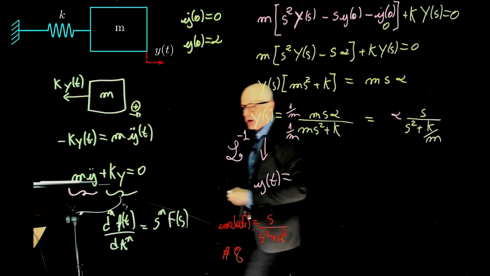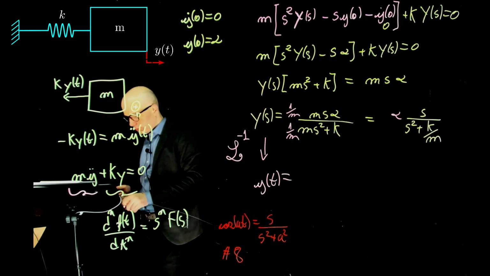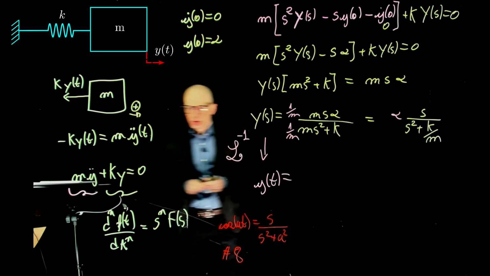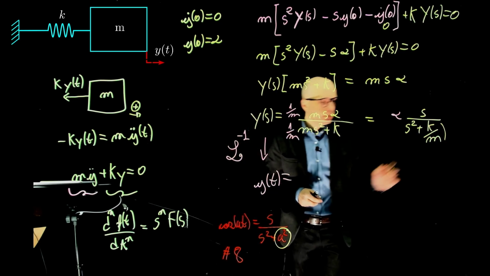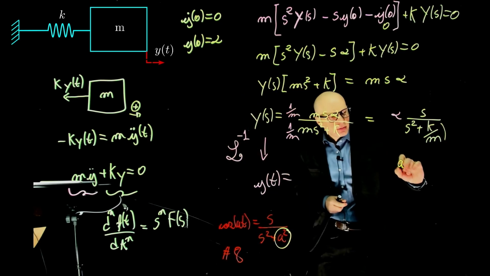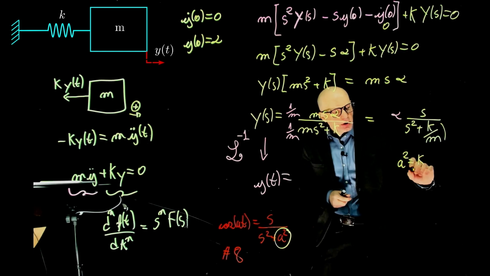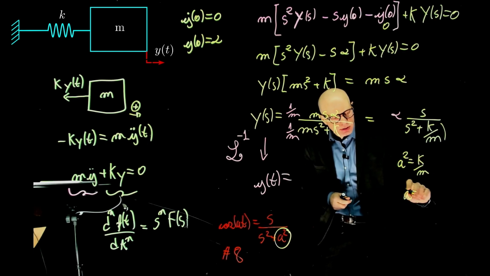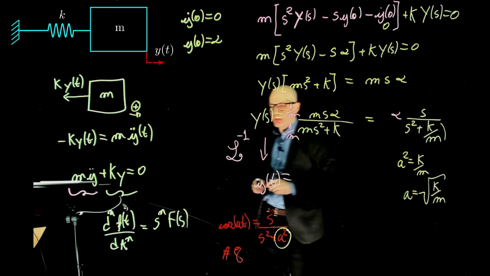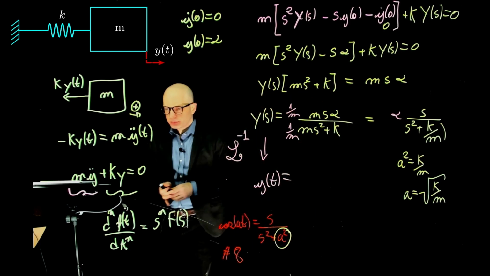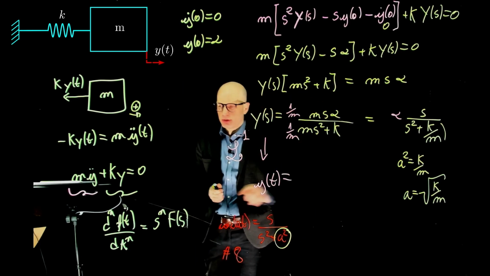What is the value of a? Well, this term corresponds to that term. a squared equals k over m. a is the square root of k over m. So tell me what the result here of y of t is.